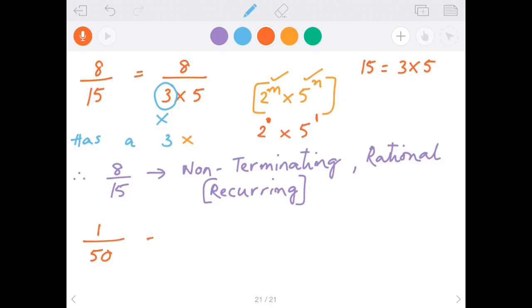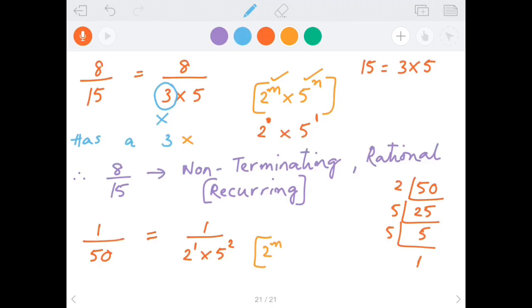Let's take another example. 1 by 50. Let's quickly do the prime factorization of 50 on the right side. There you go. 50. 2 times will give me 25. 5 times will give me 5. Another 5 will give me 1. So this becomes 1 by 2 power 1 into 5 square. Now if you look at the denominator, it consists of 2 power m in the form of 2 power 1.